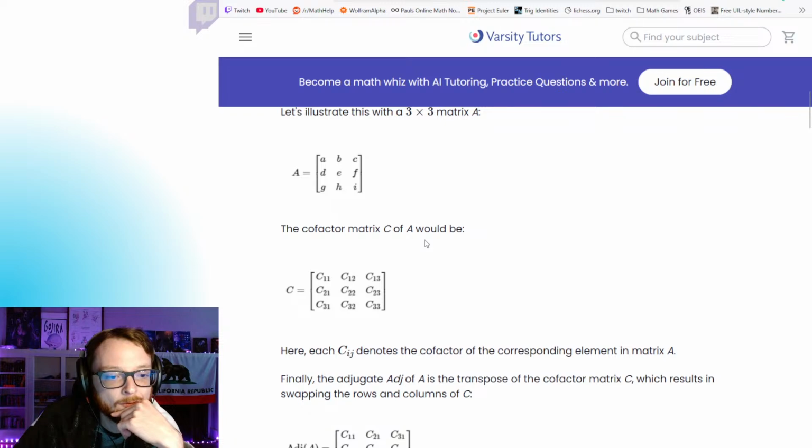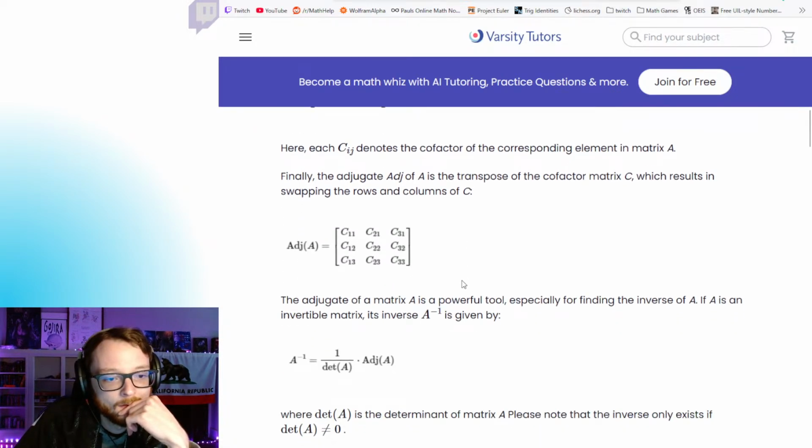The cofactor? Oh. So, okay, the cofactor for A is the determinant of the 2 by 2 in the lower right. I think we're probably thinking more about a property of adjoint matrices than the actual definition.